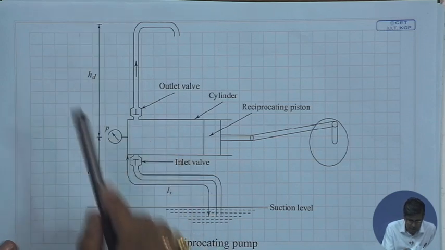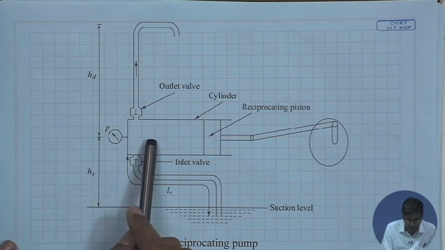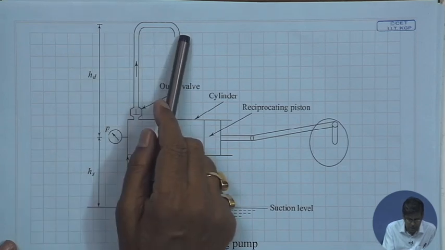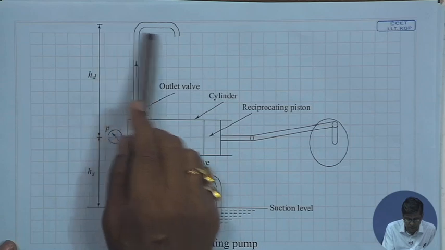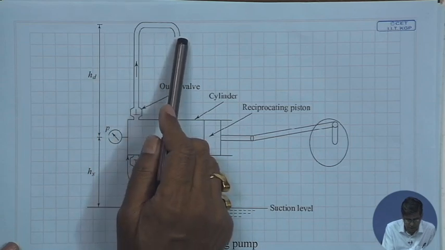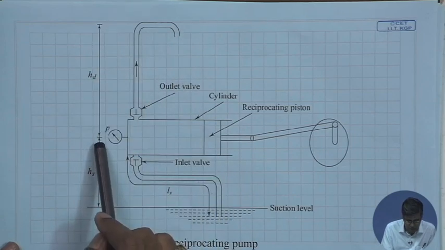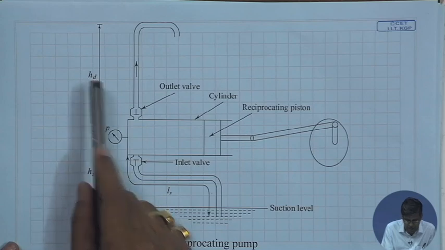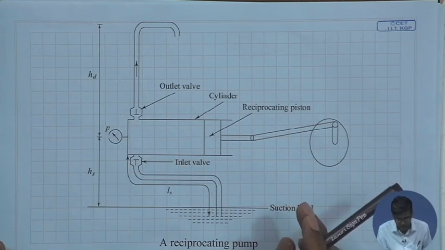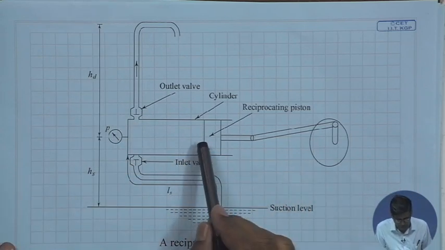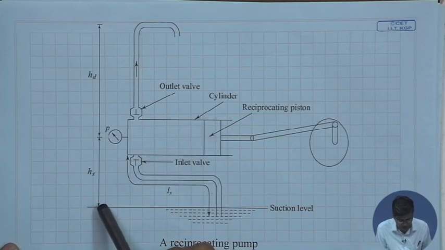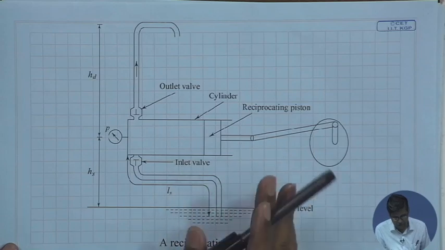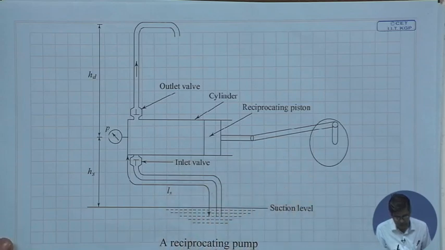And the height from the center of the pump cylinder to the discharge point, the overhead reservoir, vertically above, is known as HD, the delivery lift. So a pump delivers a head equal to HS plus HD, which is the static lift, as we have already seen in the centrifugal pump.